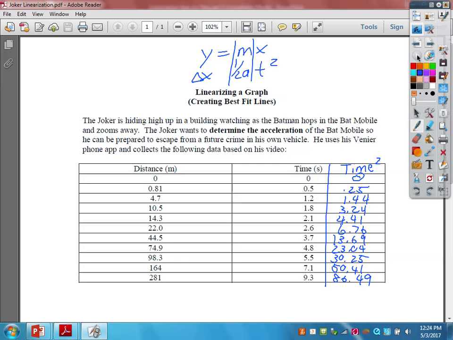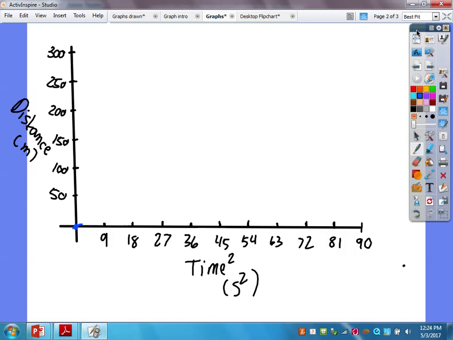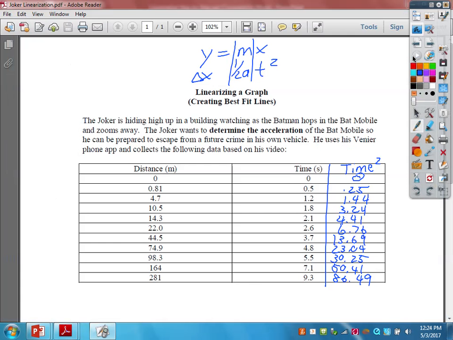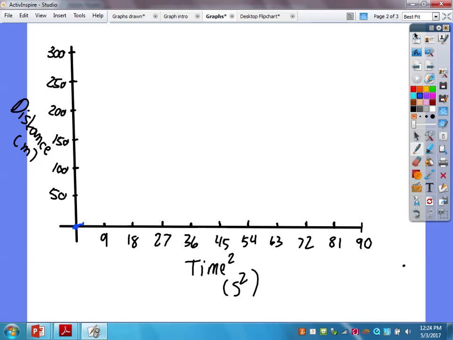1.44, 4.7. So again, not much higher. It's basically a big clump down there. Okay, next 3.24 and 10.5.